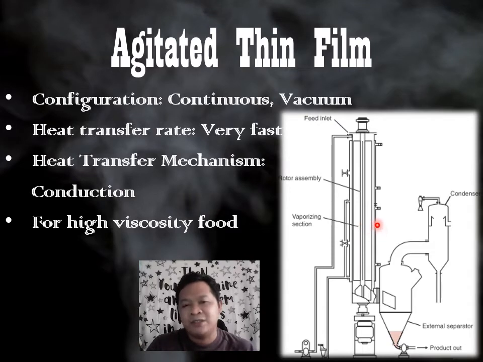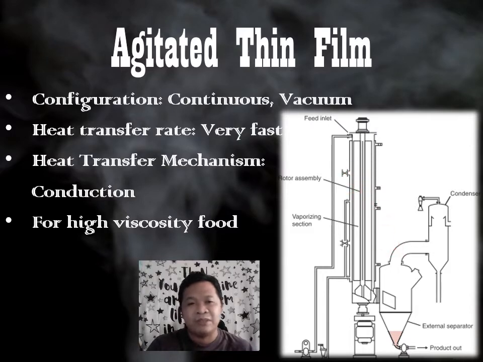Especially for high viscosity food na medyo alam naman natin, di ba, from your FS 127 na kapag mas mataas ang viscosity, mas mabagal ang heat transfer within the material. But generally, it's still conduction, no? Kasi conduction from the pipe to the fluid, and since highly viscous siya, mas conductive than convective yung heat transfer doon sa fluid mo mismo.